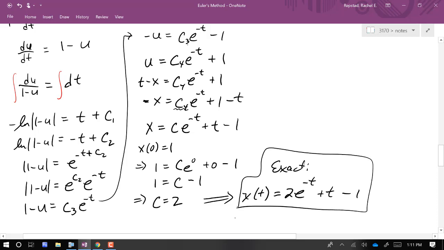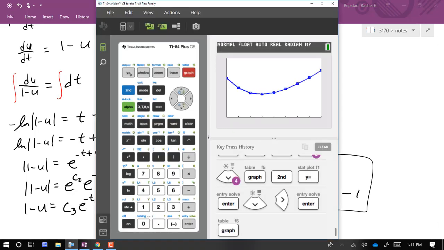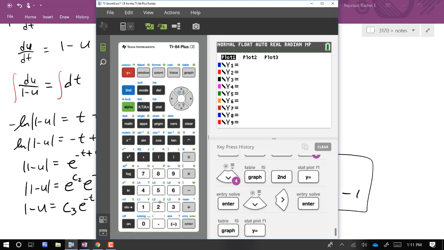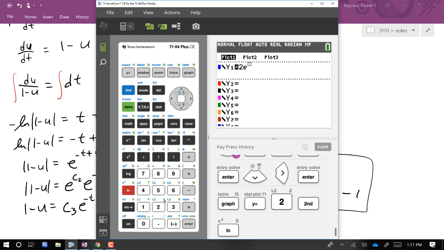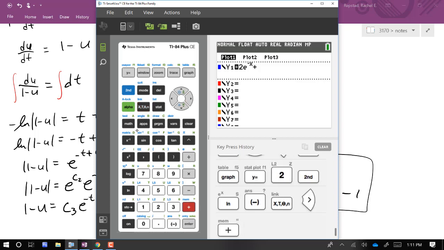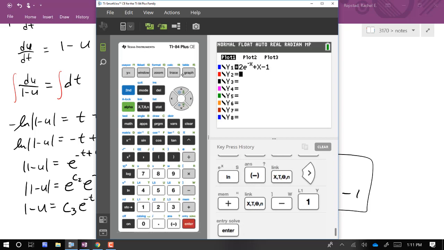So I did this so that we could kind of compare the exact result to what we plotted. So I'm going to put this function here into the y equals editor. And of course I have to use x's instead of t's, but that's fine. 2e to the negative x plus x minus 1. And let's graph it.